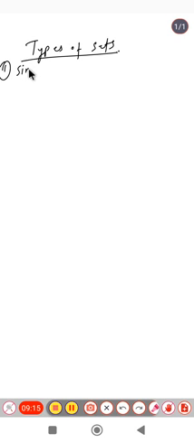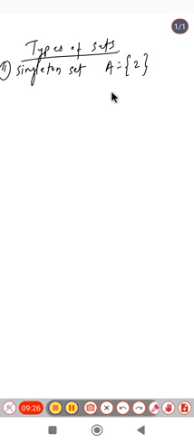Now we'll see the types of sets. In general we have 4 types. The first one is a singleton set. Generally, in this set only one element is there.